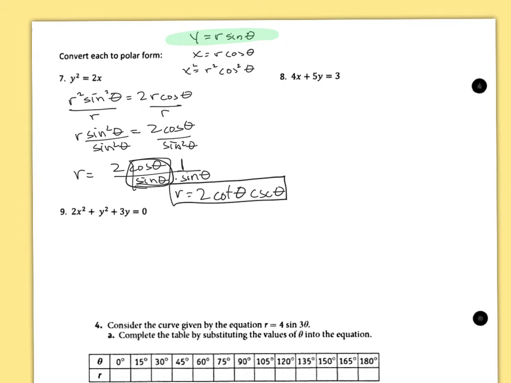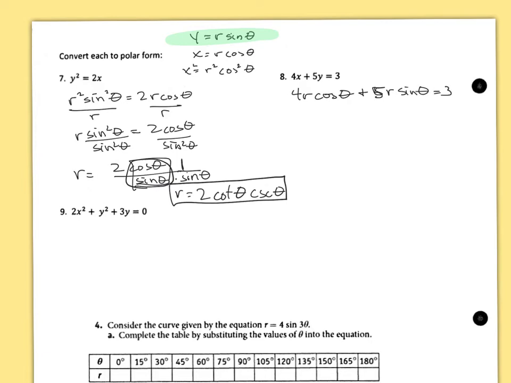Now we're going to go backwards to a line. We kind of already know what this looks like. This was one that we did yesterday. It has like a weird fraction with sine and cosine in it. Maybe you don't remember. We'll just go through it. So we're going to have 4r cosine theta plus 5r sine theta.